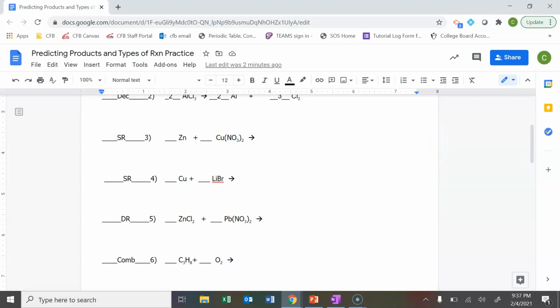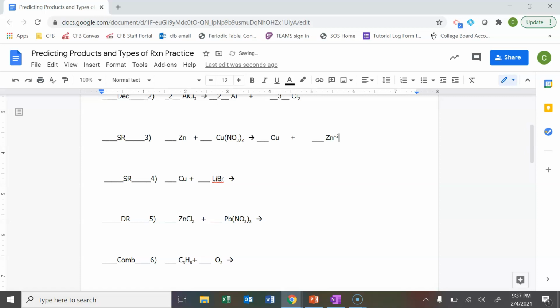All right, so let's make that come out to be neutral. First of all, we're going to put copper, not diatomic, so just copper. And we have zinc, which we said has a +2 charge.